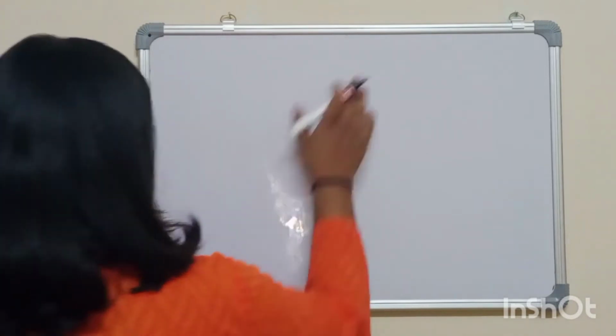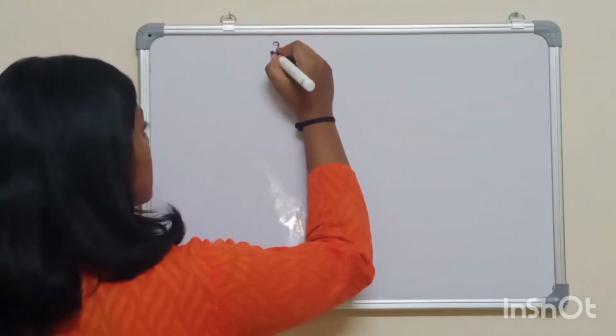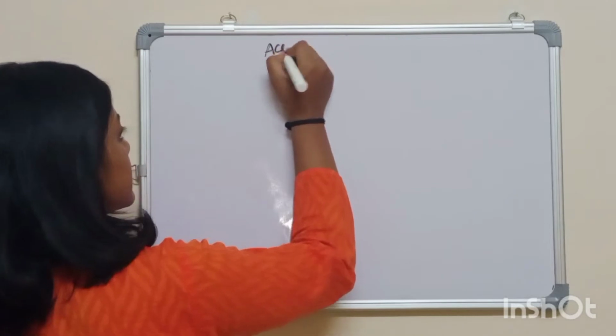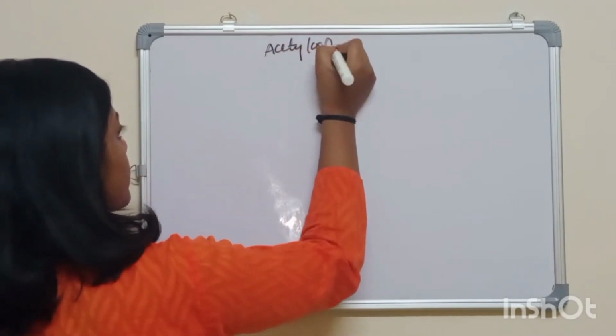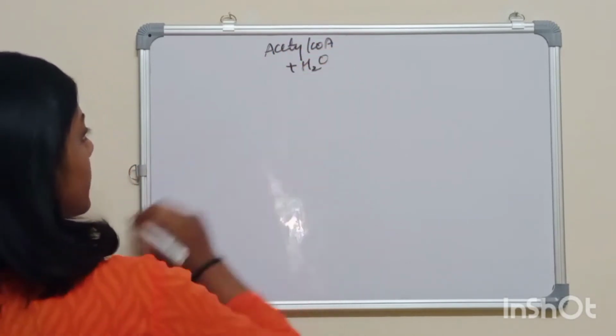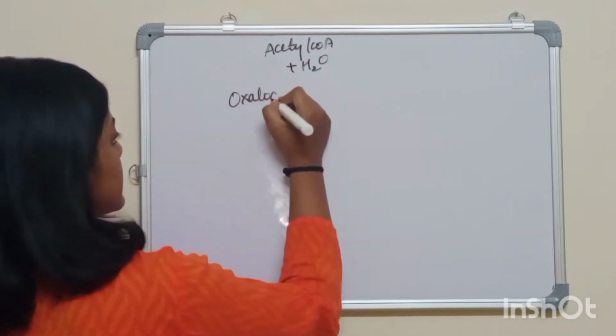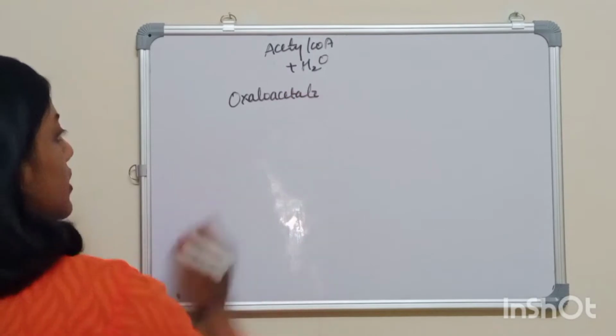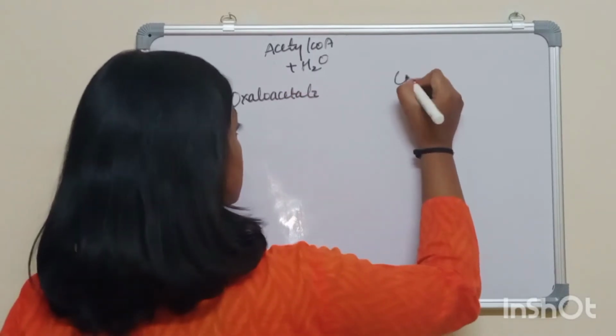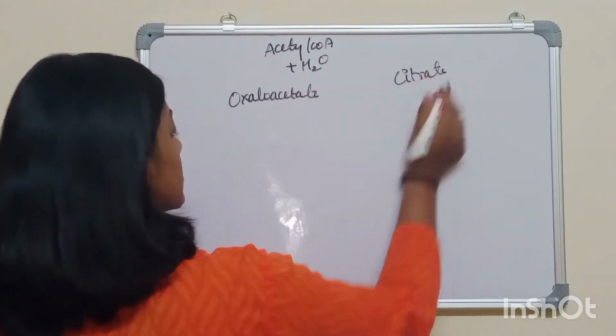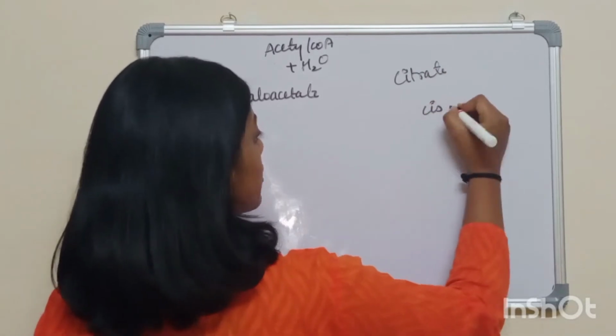The TCA cycle begins with acetyl CoA plus water, which combines with oxaloacetate to form citrate. Citrate gets converted to cis-aconitate.